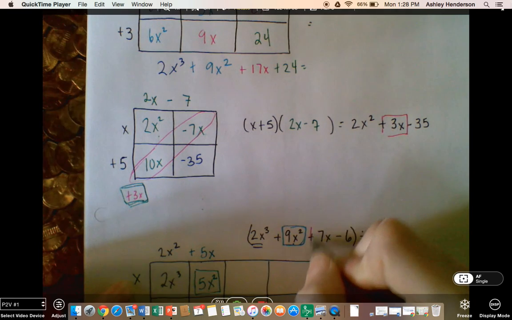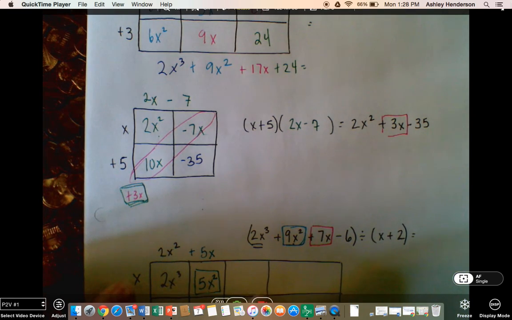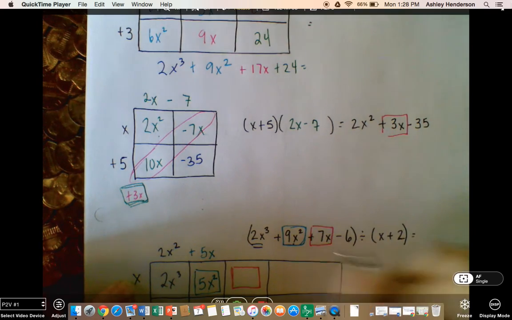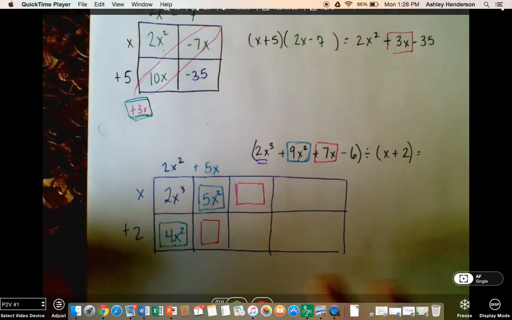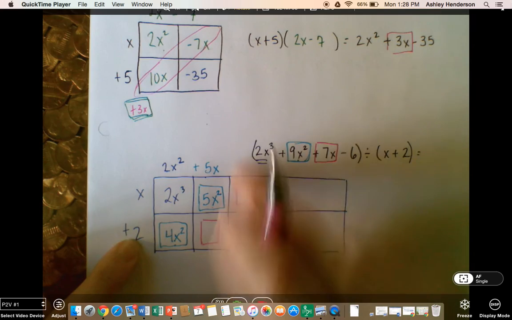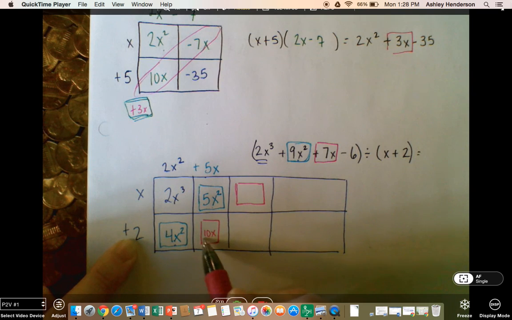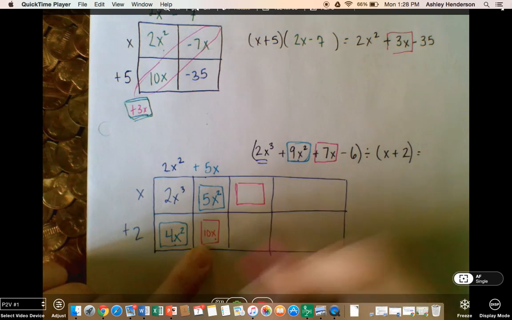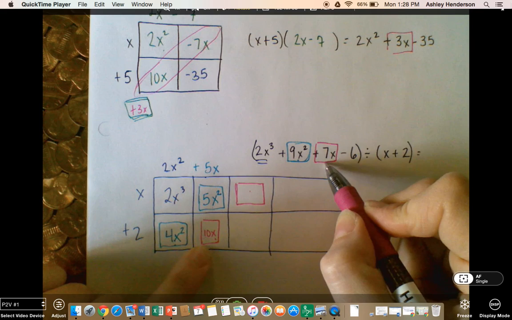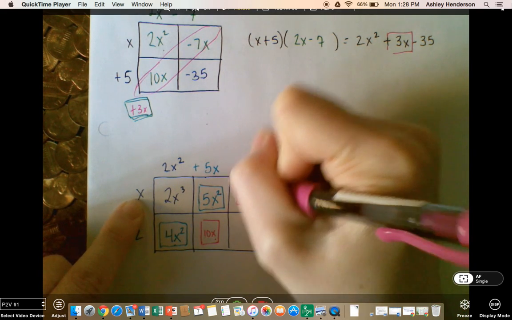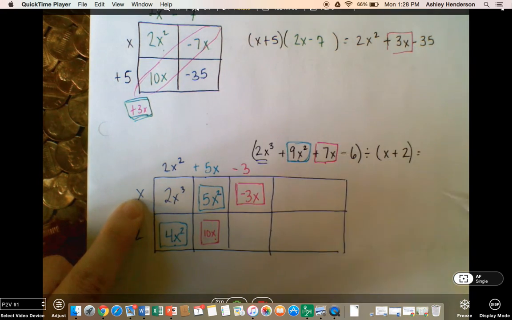Now let's do 7x. This number and this number have to add together to make positive 7x. I can figure out this term because this is 2 and this is 5x, so this must be 10x. If this is 10x, what is this? If I have to get to 7, then I'd have to subtract 3x, which means this term has to be negative 3. All right, let's do our last one.